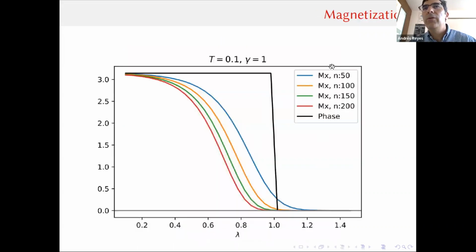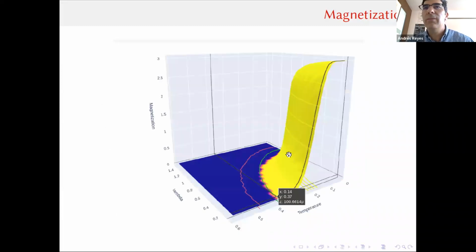So here you see what happens, for instance, for a temperature of 0.1, when we start letting the system size increase. You have to take into account that this computation has been done numerically, so taking the limit is not that easy. But you see that as we keep increasing the number of sites, the magnetization vanishes at exactly that point. So it is quite interesting to see what happens.